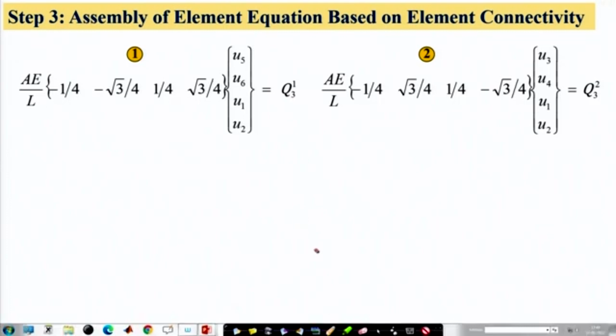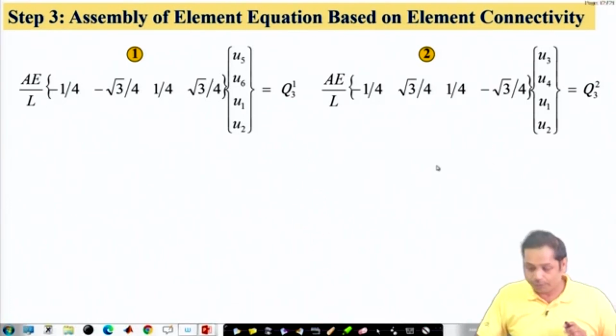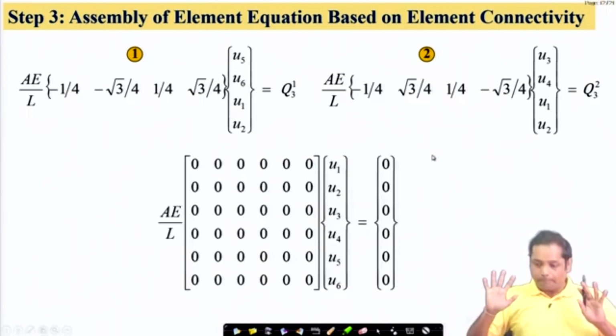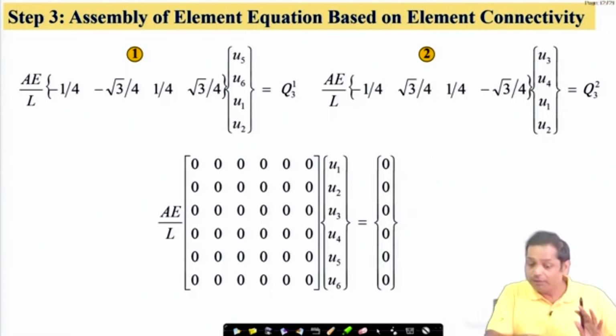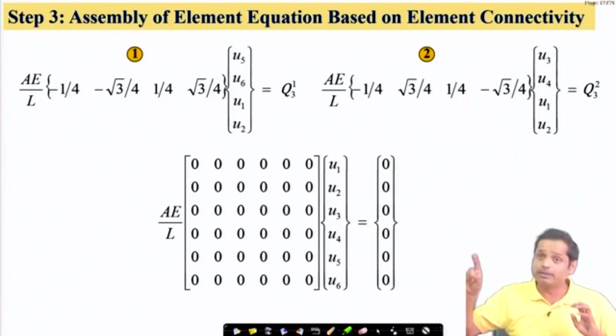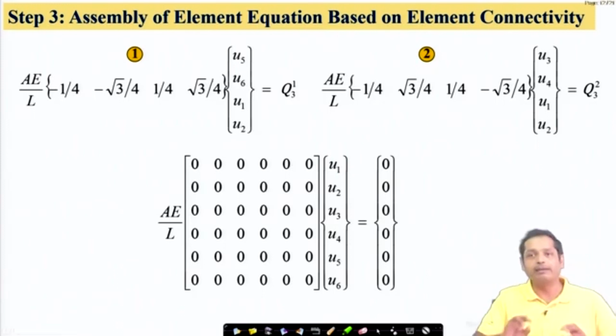Now this is our first equation. Initially, we know we have a total of 6 degrees of freedom, so for our stiffness matrix we don't know what the entries are, but we only know the stiffness matrix will be a 6 by 6 matrix.